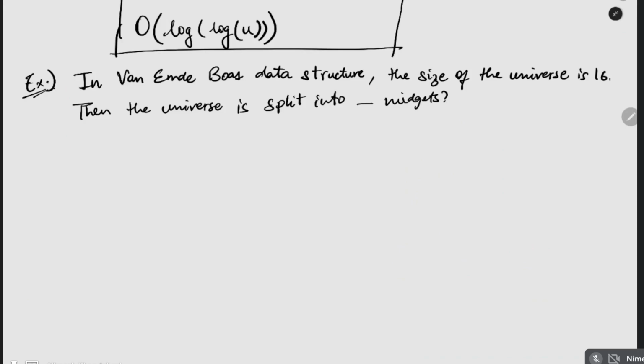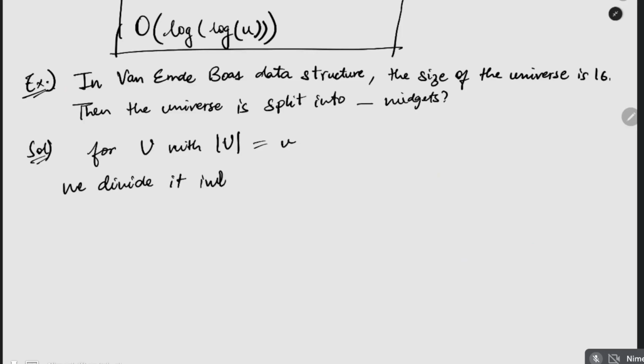So we know that for a set U with the cardinality of U, or the number of elements in U as small u, we divide it into widgets of size square root of u.